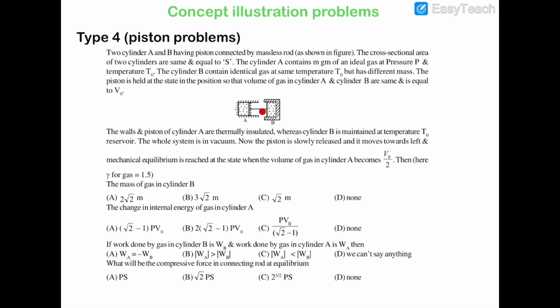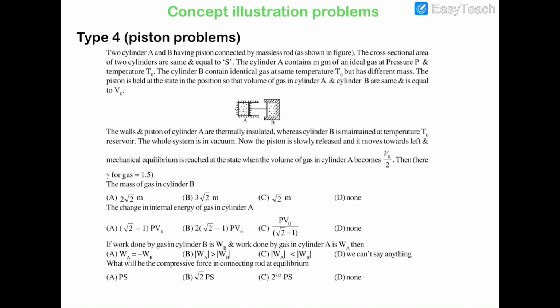So these pistons are released from the initial position, and it is found that they move towards left, and when the mechanical equilibrium is attained, then the volume of the gas in cylinder A becomes V naught by 2.